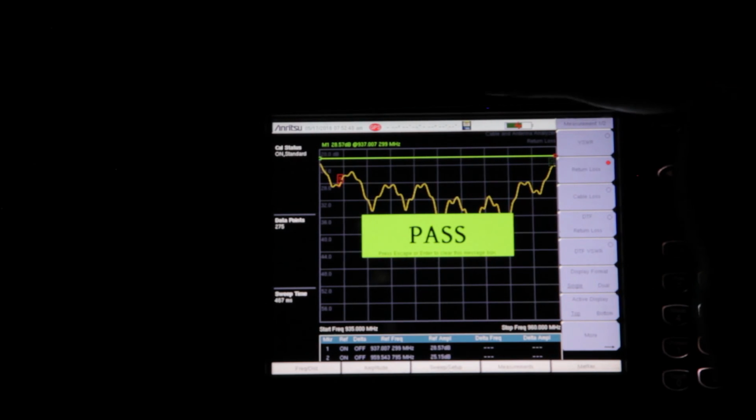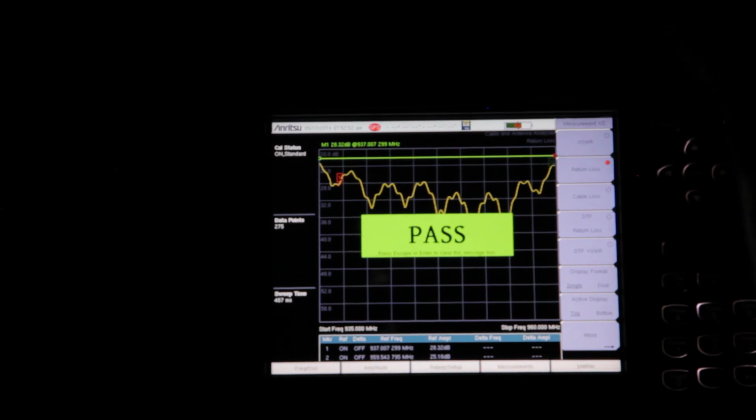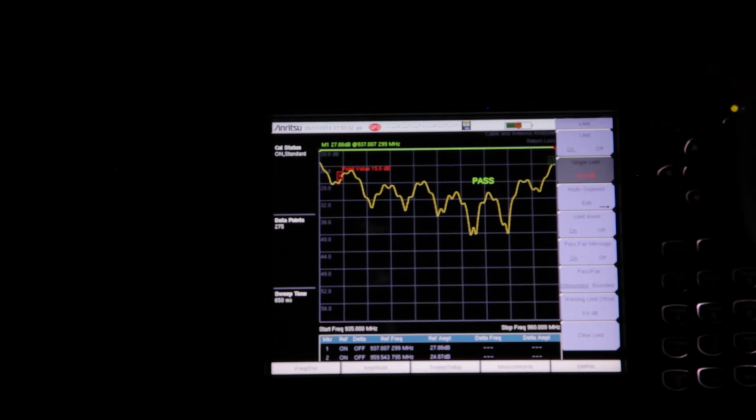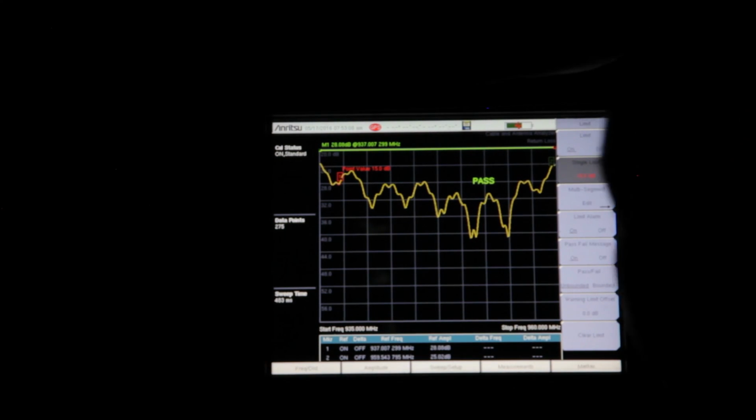I know the limit line of the antenna system is 15 dB when you are measuring in return loss mode, or 1.5 when you are measuring in VSWR, voltage standing wave ratio mode.